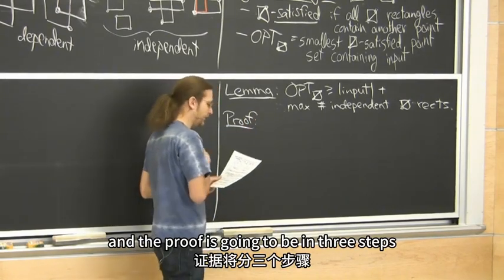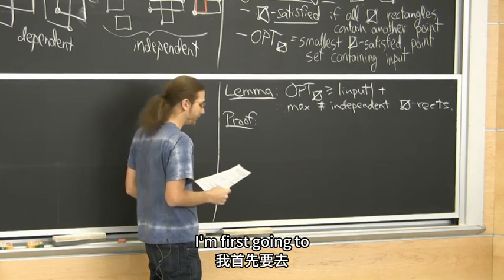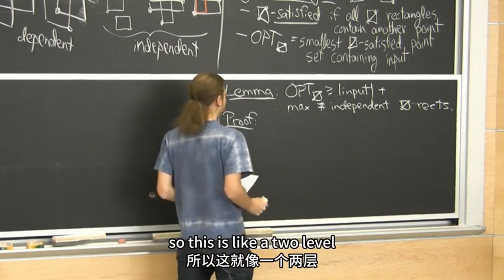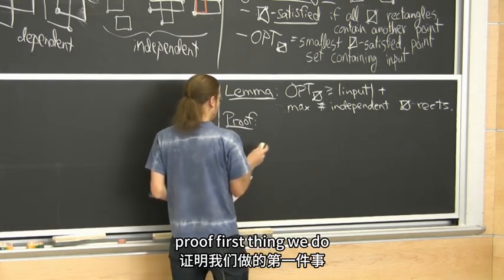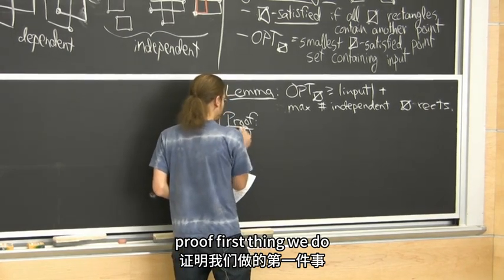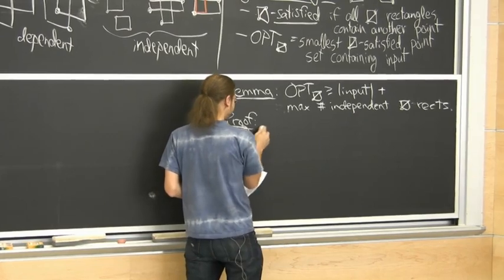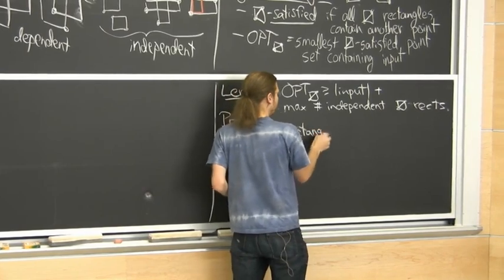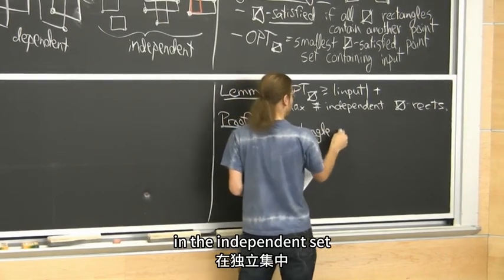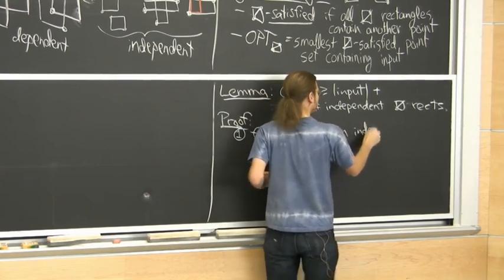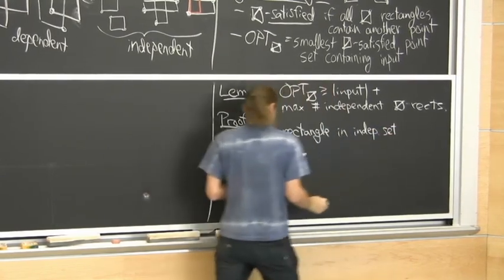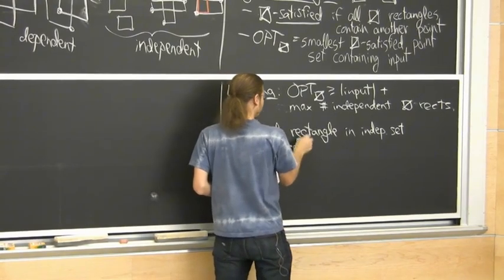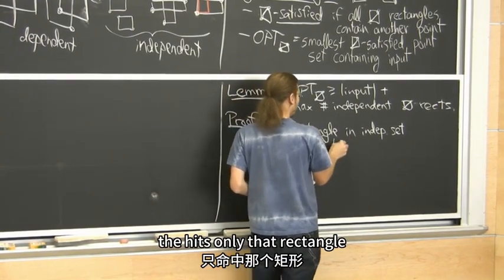And the proof is going to be in 3 steps. I'm first going to give you an overview of the steps, and then we'll actually do them. So this is like a two-level proof. First thing we do, the top level, is we're going to find a rectangle in the independent set. And we're going to find a vertical line that hits only that rectangle.